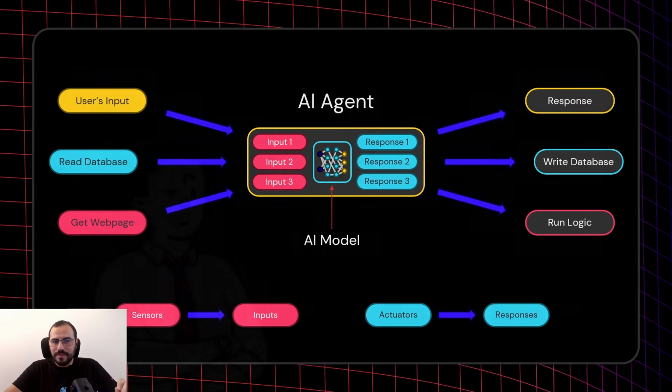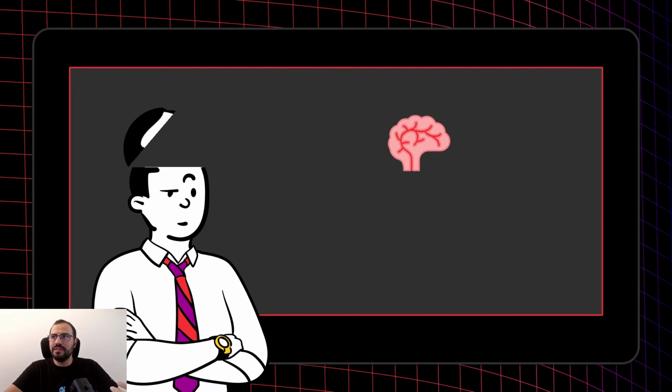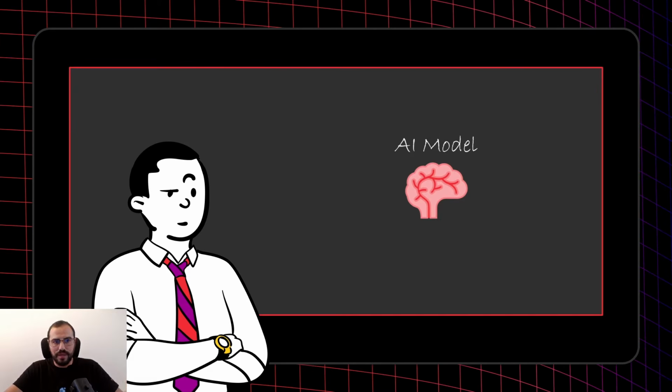So if we want to look into an AI model and compare it, for example, with ourselves, this means that having an AI model is the same thing as us having a brain. If we look at our brains alone, they cannot do much, right?